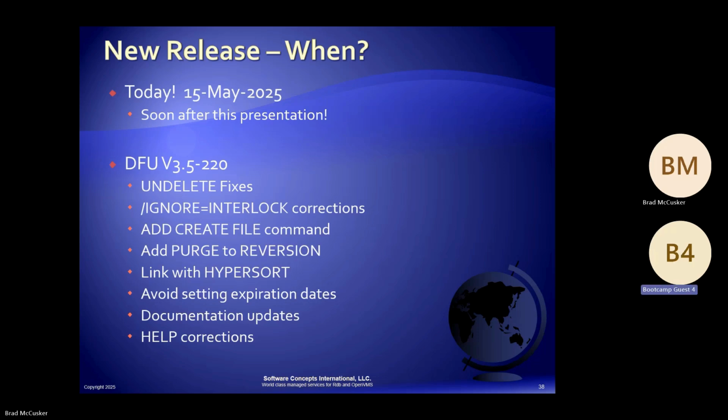Actually, in October, at this session, somebody asked to see how undelete worked, and they basically exposed some bugs and it didn't work. But we fixed that now. A few other bug fixes and things like that. Taking advantage of hypersort now. A couple other updates, things along those lines.